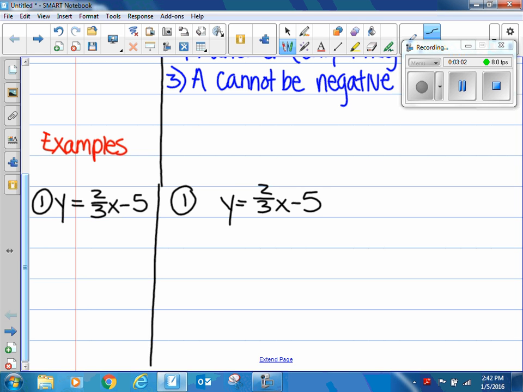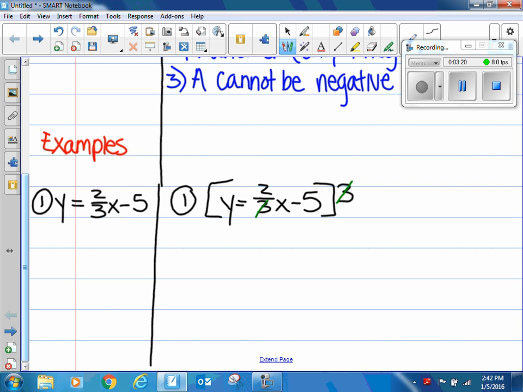So to get rid of that 3, I'm going to multiply everything by 3. That means you're multiplying the y by 3, the 2/3 by 3, and the negative 5. The reason I picked 3 is because this 3 and this 3 will cancel each other out.